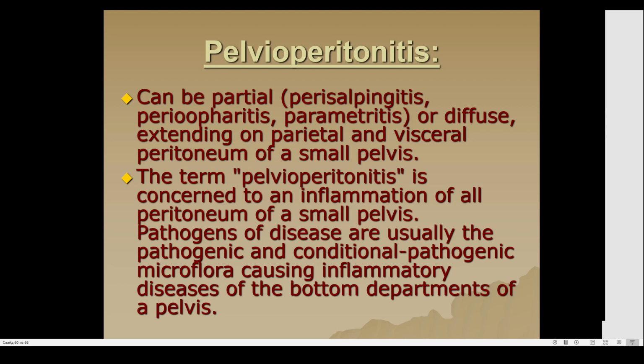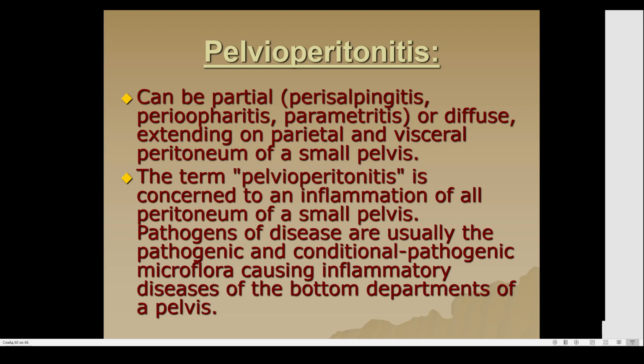Pelvic peritonitis can be partial if it's happened near salpinx or near ovaries, in parametrium, or diffuse extending on parietal and visceral peritoneum of a small pelvis.